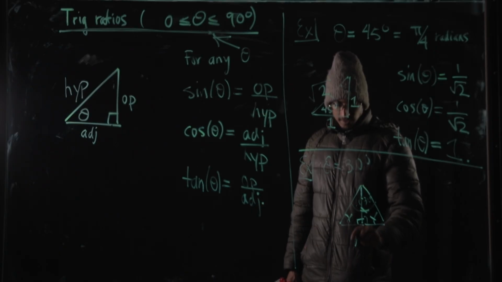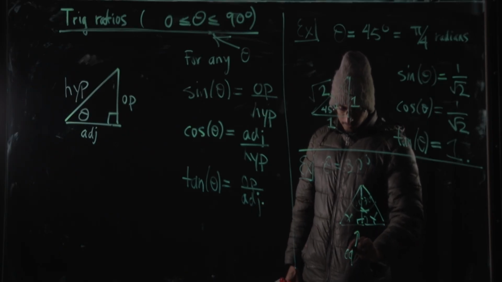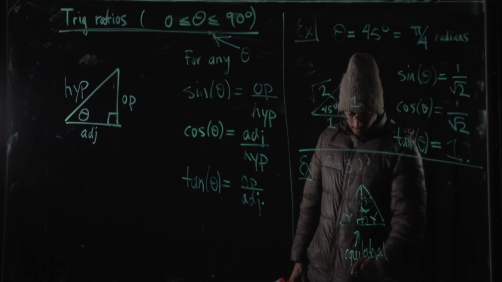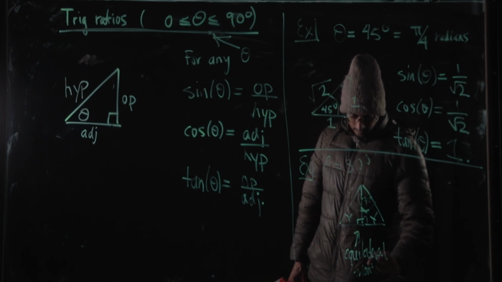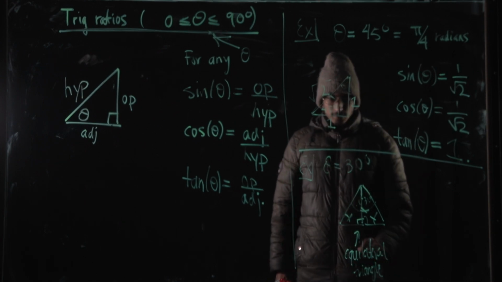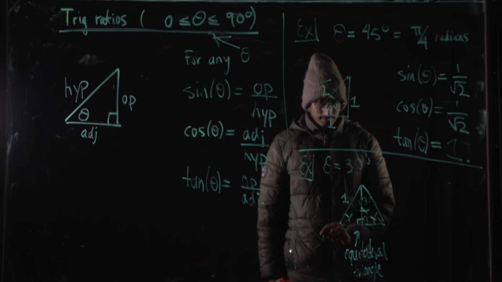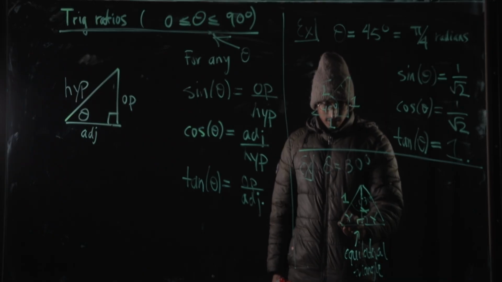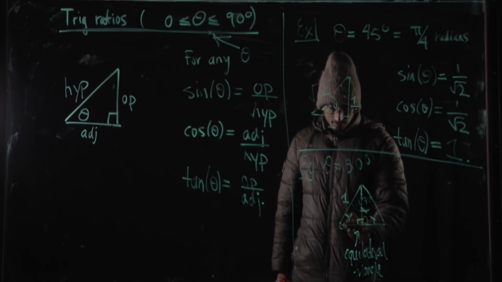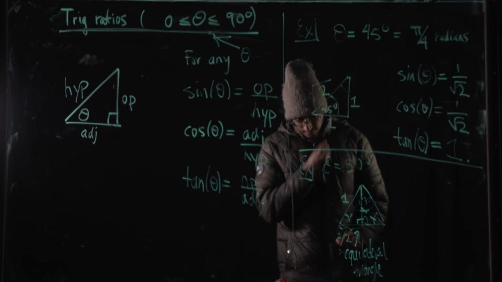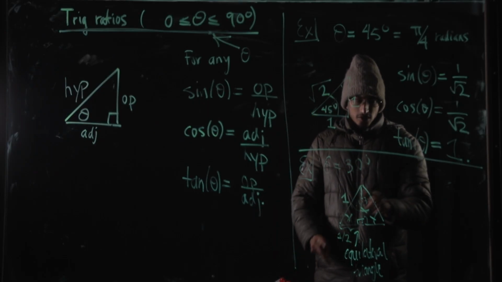This whole thing is an equilateral triangle. Okay, so I'm going to let one of the side lengths be 1. That'll make this side length over here 1/2.